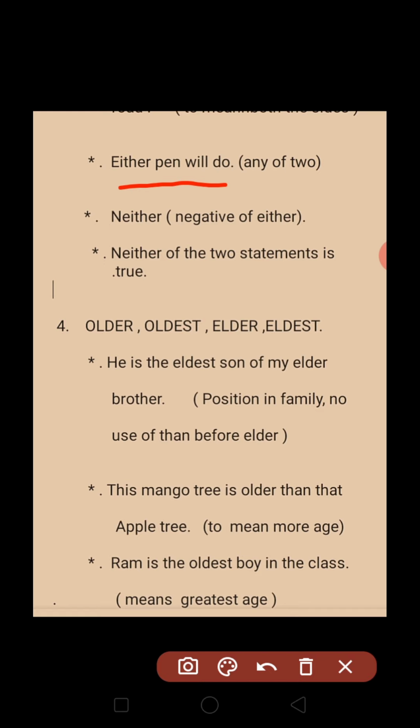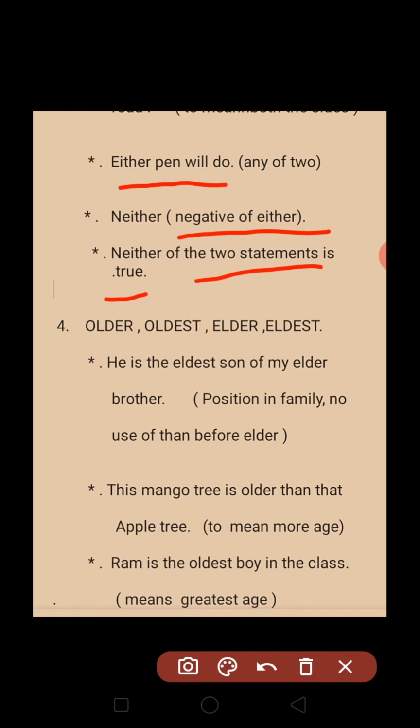That is, out of the 2, any one will work. Then neither is the negative sense of either. Neither of the 2 statements is true. That is, out of the 2 statements, neither is correct.